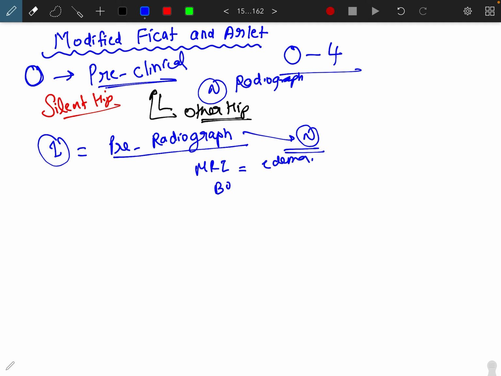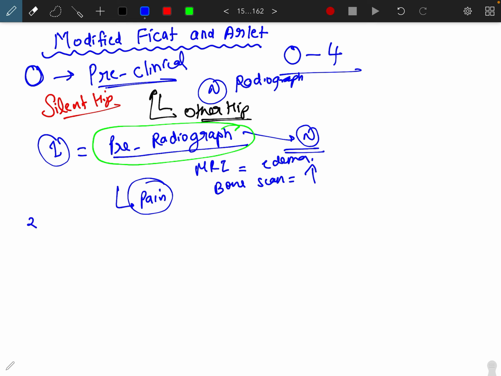The bone scan will have increased uptake. Clinically, the patient will have pain. So whenever we have a patient with a painful hip and limitation of movement, but the X-ray is normal, we always think about this pre-radiograph stage 1.